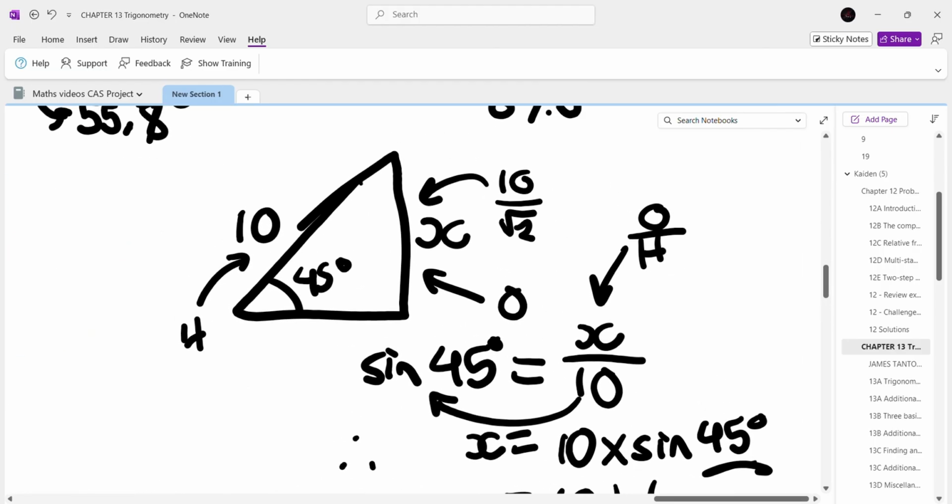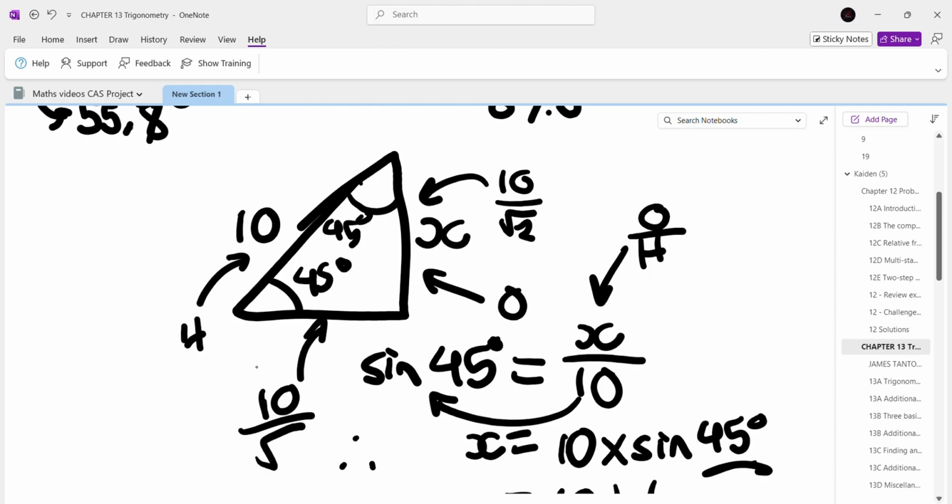To help us verify, with a 45 degree angle, this other angle will also be 45 degrees. Therefore, our adjacent will be 10 over root 2.